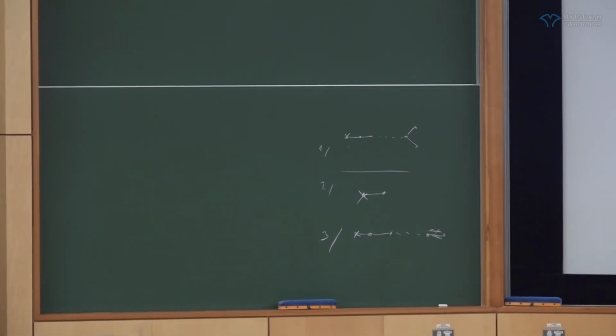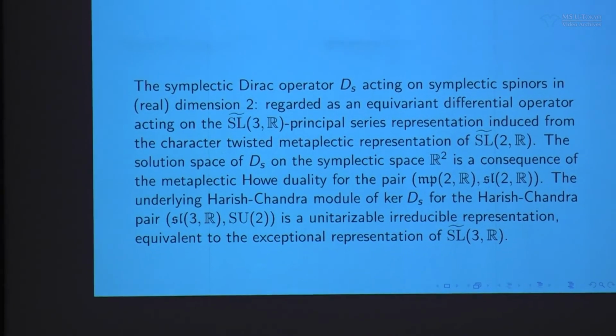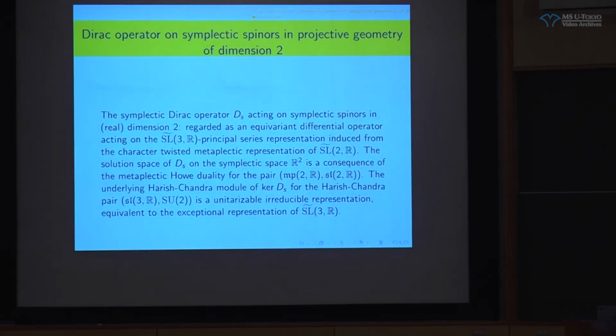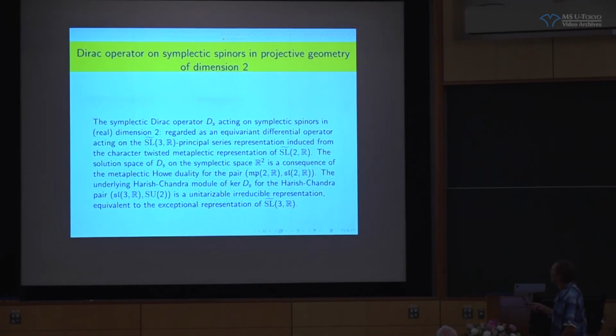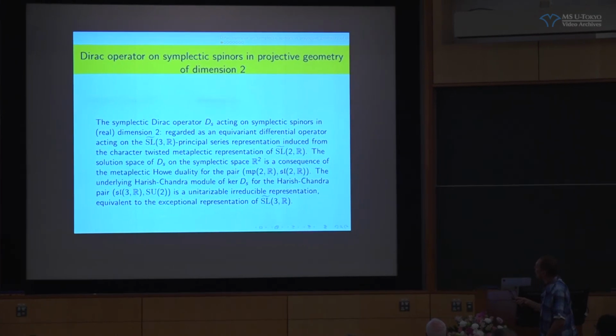Okay, so the second example, which corresponds to projective geometry in dimension 2. Probably I should say in the beginning that the symplectic Dirac operator was introduced by Kostant many years ago.